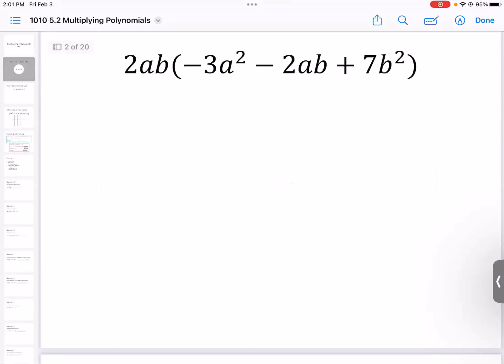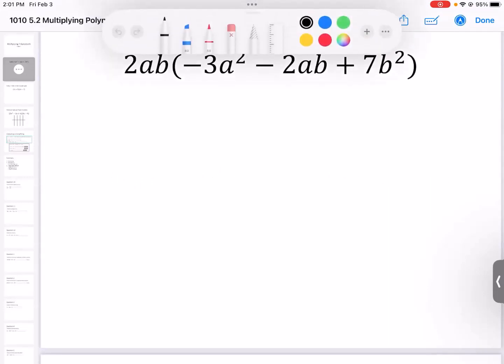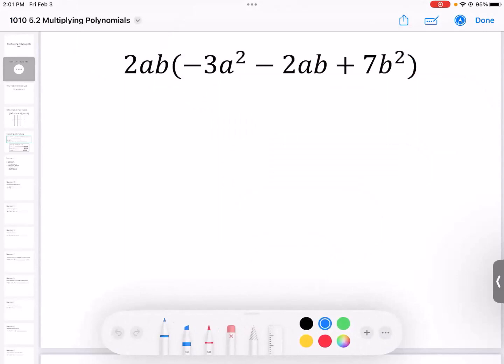So first of all, if we had a monomial multiplied by a trinomial, remember a monomial has a single term, a trinomial has 3 terms. Multiplying by monomials is super easy because it's basically just distributing. So you would say 2ab, if I multiply that times negative 3a squared, well, 2 times negative 3 is negative 6.